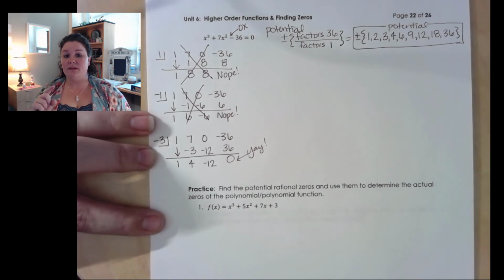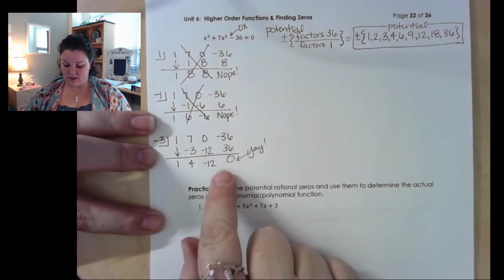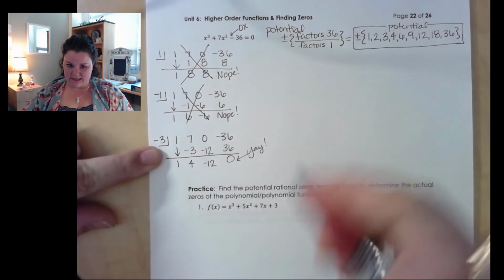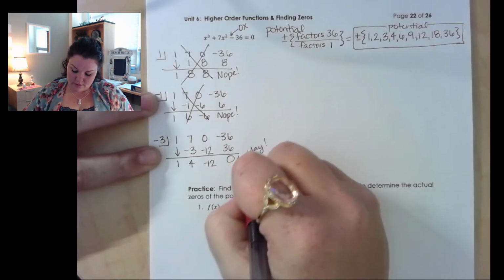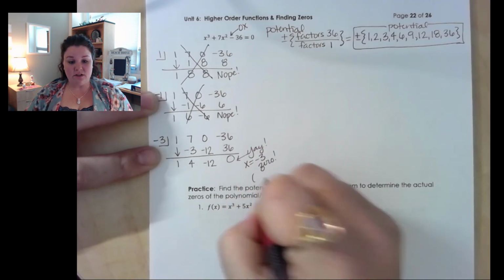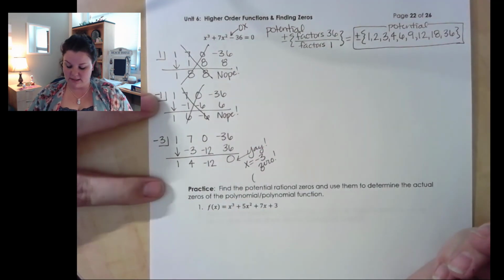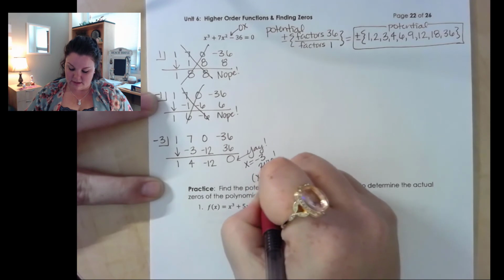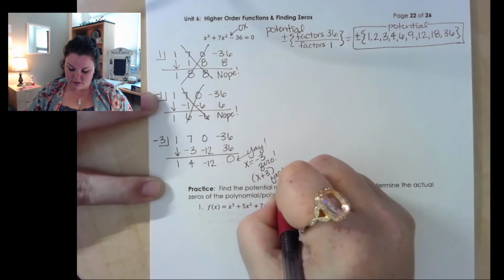All right, so now that we got something that has a 0 remainder, we need to go ahead and write that. That means that -3 is a zero. And as a factor, if I move it back across the equal sign, x plus 3 is a factor.